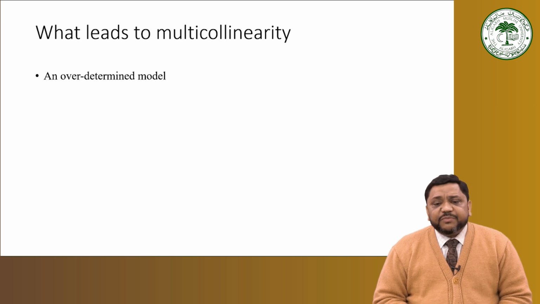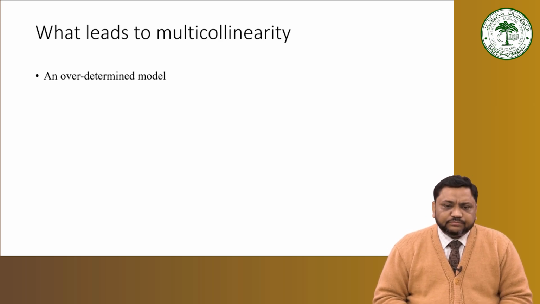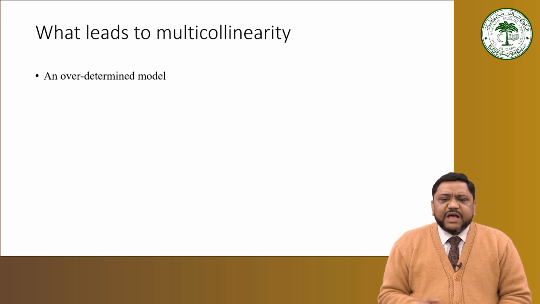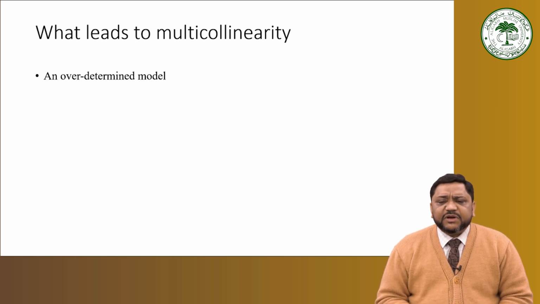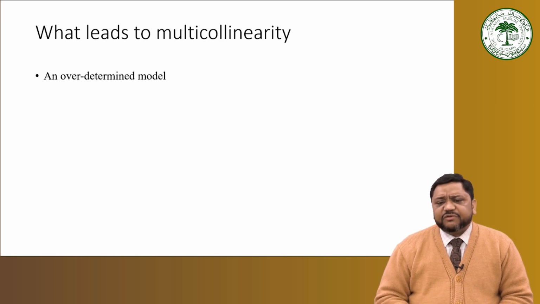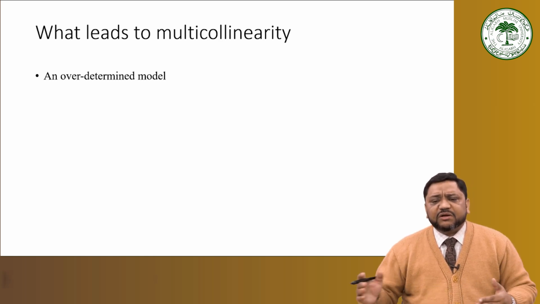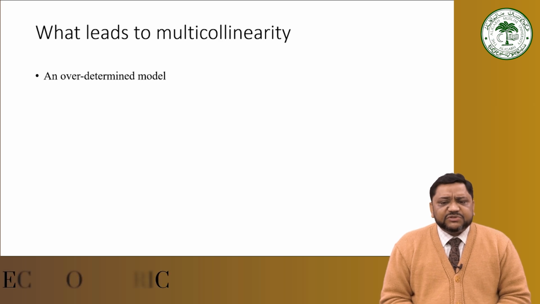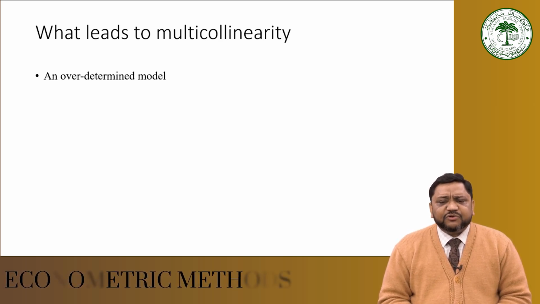An overdetermined model. See, sometimes to make the model more realistic, a large number of explanatory variables are included in the model. Consequently, the number of observations becomes smaller than the number of explanatory variables. That is, it becomes small as compared to k.